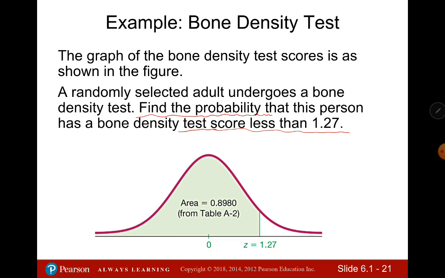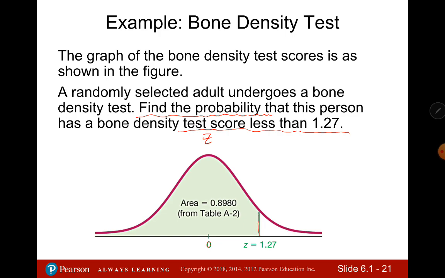So we can say this is our test score, Z. Here you see the mean is 0, right in the middle. So we can locate 1.27 about this position. So we first write our z-score 1.27. Then we draw a bar here, right?